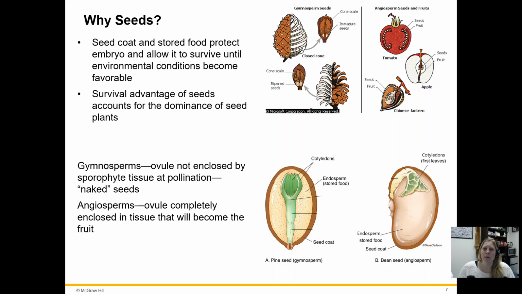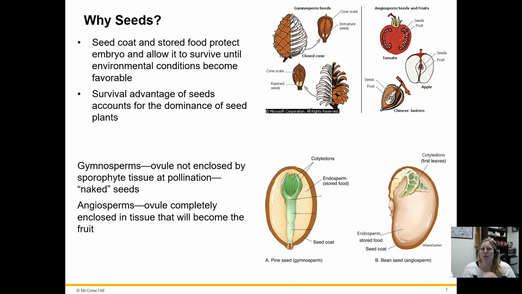So seeds became really a huge step forward in plant evolution because the seed coat and stored food of the seeds allowed the embryo to wait. It allowed the embryo to wait until environmental conditions were favorable. And so there can be very, very long periods of time between the seed being produced and it actually developing a new plant.